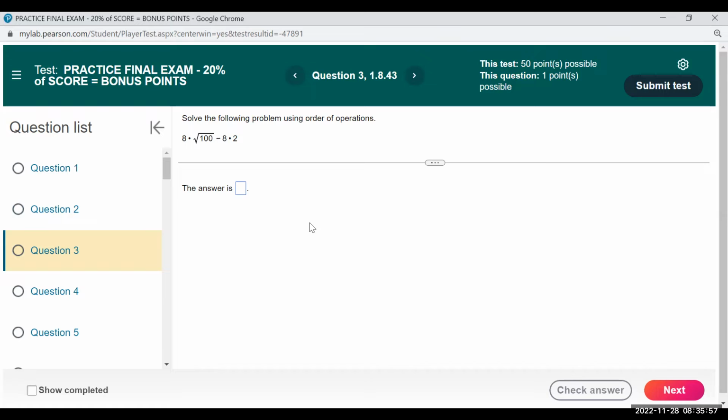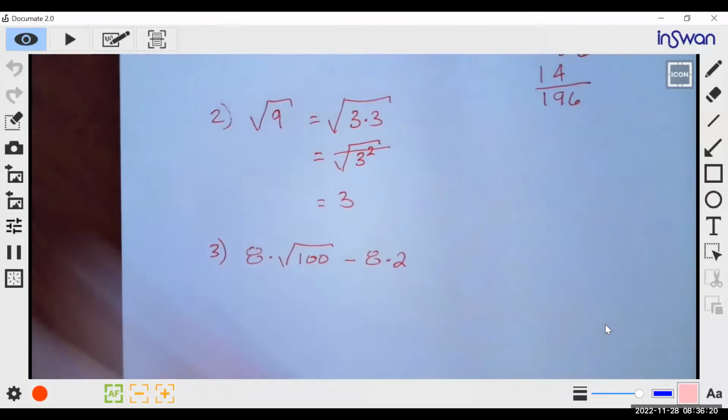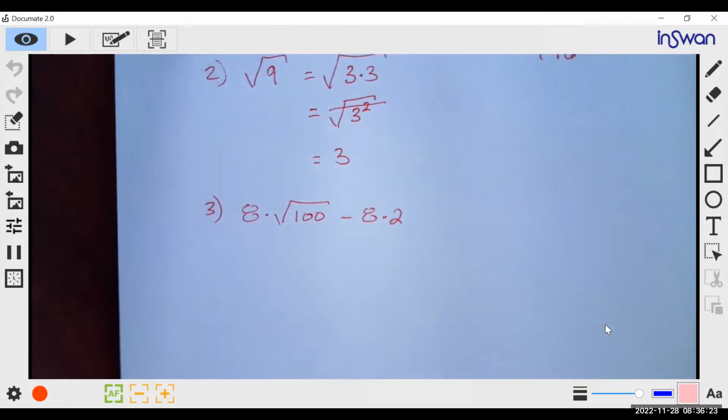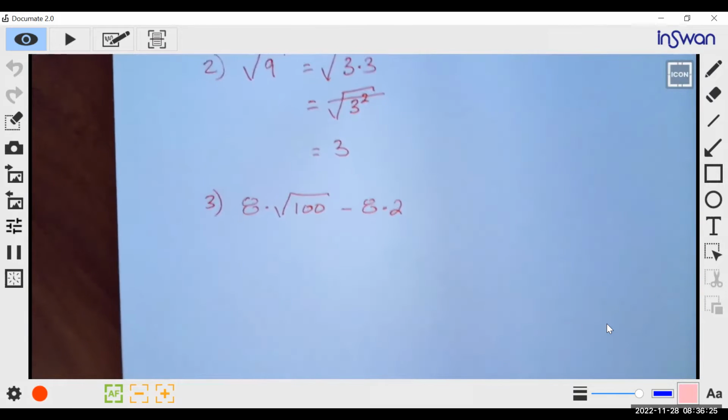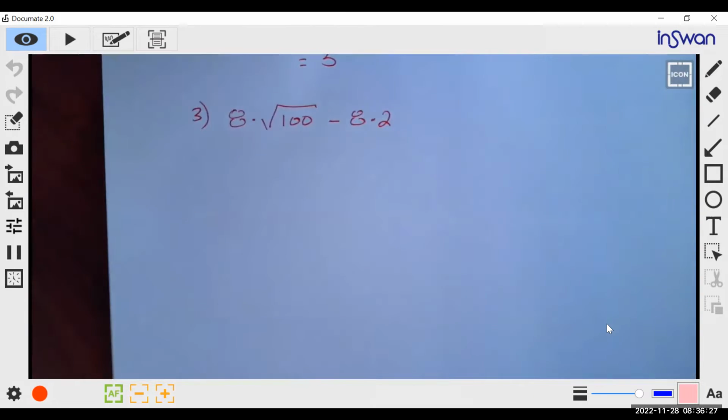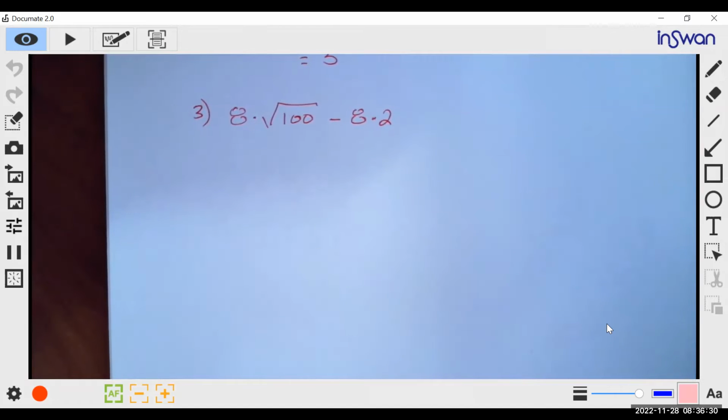Solve the following problem using order of operations. 8 times square root of 100 minus 8 times 2. So using the order of operations, what do you do first?